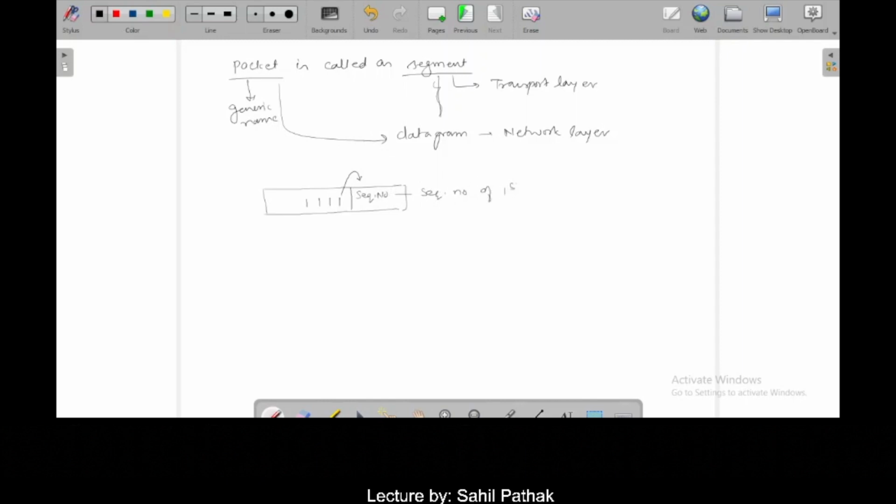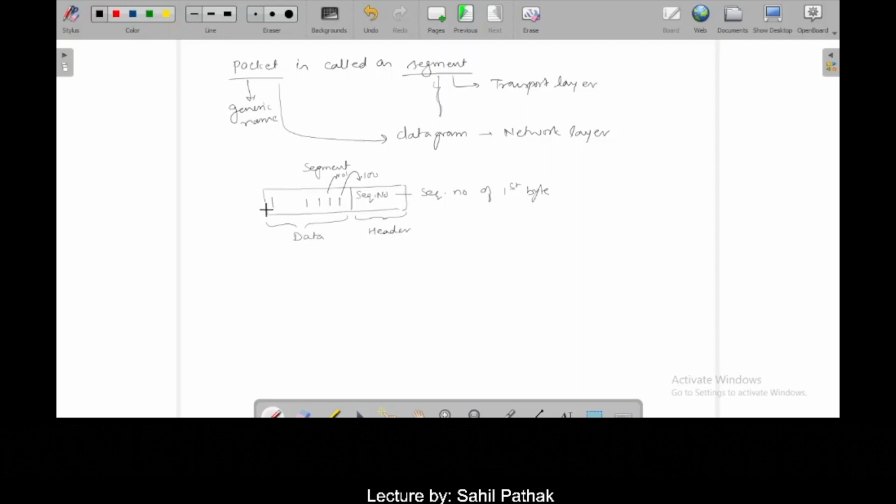of first byte. For example, let's say we have this segment in which this is the data part and this is the TCP header. Let's say we have the first byte, sequence number is 100, next is let's say 101, and so on.